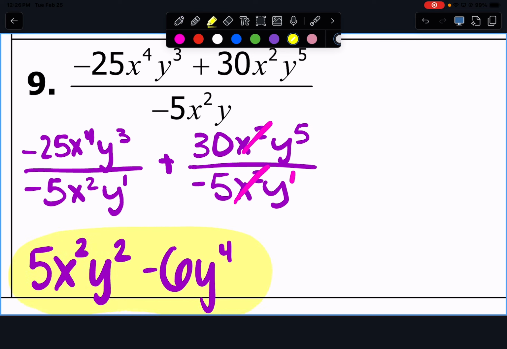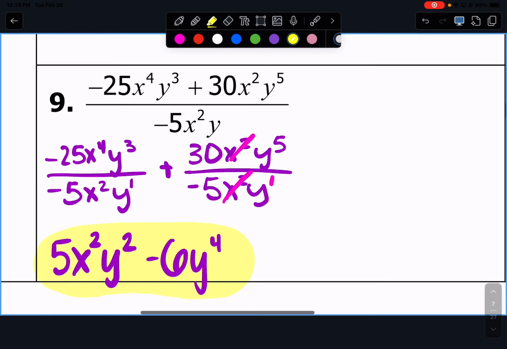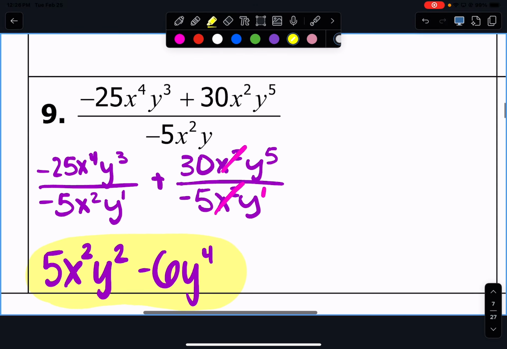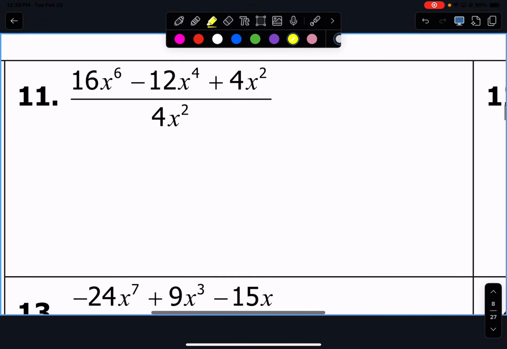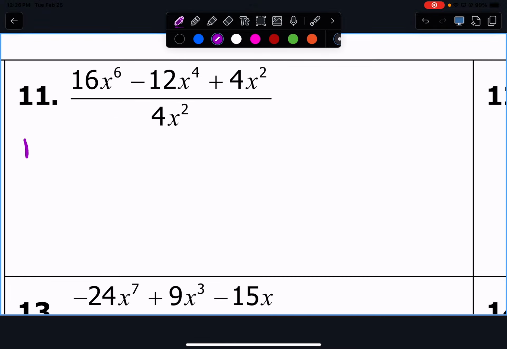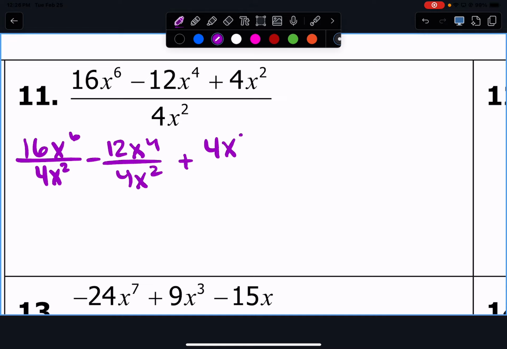And we are good to flip to the back. All right, for number 11, same thing. 16x to the 6th divided by 4x squared minus 12x to the 4th divided by 4x squared plus 4x squared divided by 4x squared.